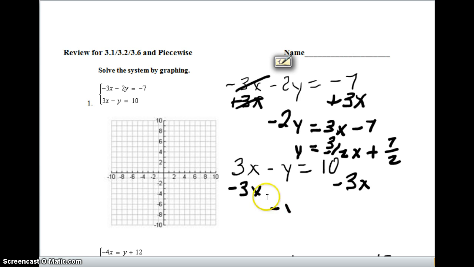Now you can go ahead and divide everything by negative 1, in essence just changing the sign of everything.